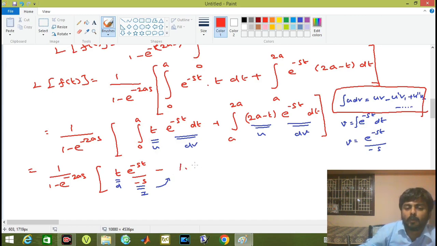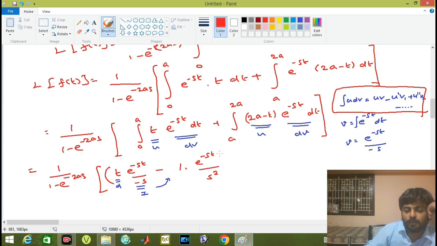So 1 into e power of minus st divided by minus s into minus s will become s square. Okay, if you differentiate this one again, it will become 0. So this is enough.